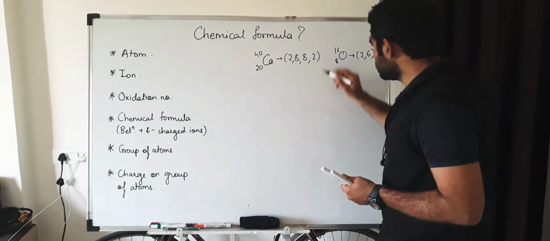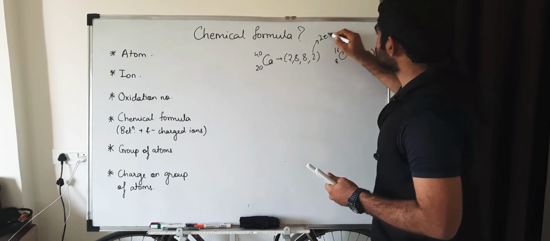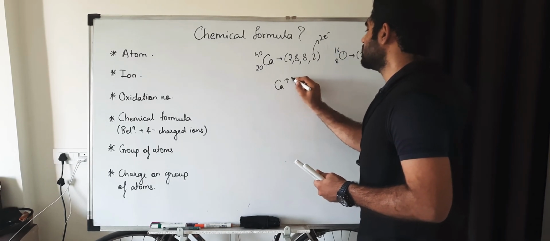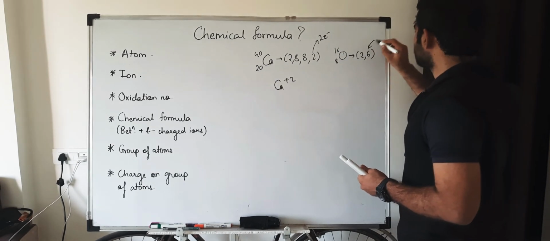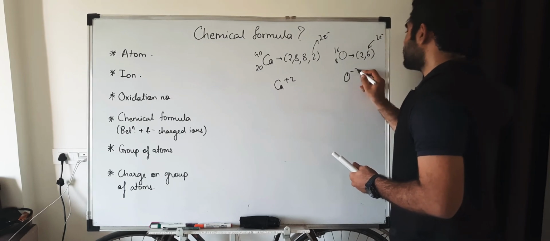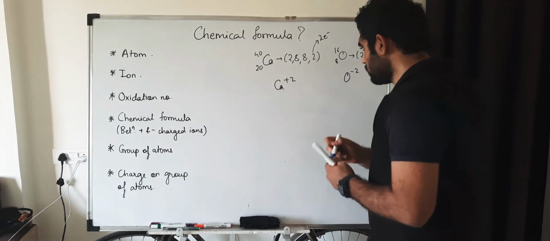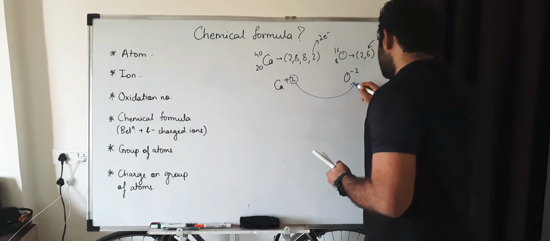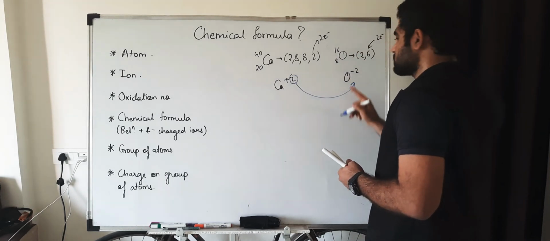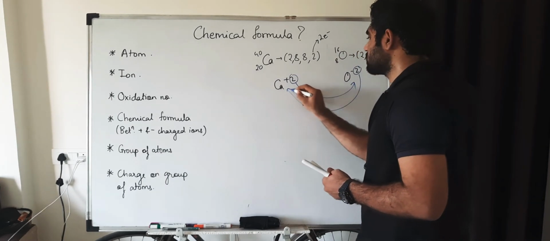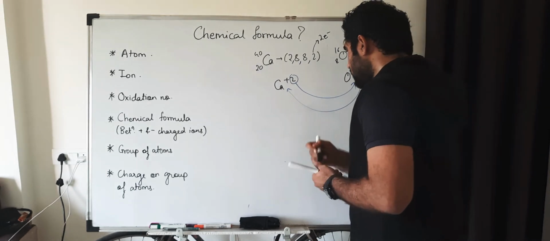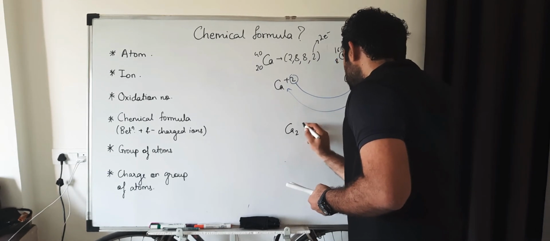Here you can see calcium donates 2 electrons, resulting in formation of Ca plus 2, and oxygen accepts 2 electrons, resulting in formation of O minus 2. So you will observe only the magnitude, that is 2, will go at the subscript of oxygen, and this 2 will go at the subscript of calcium. Therefore it becomes Ca2O2.